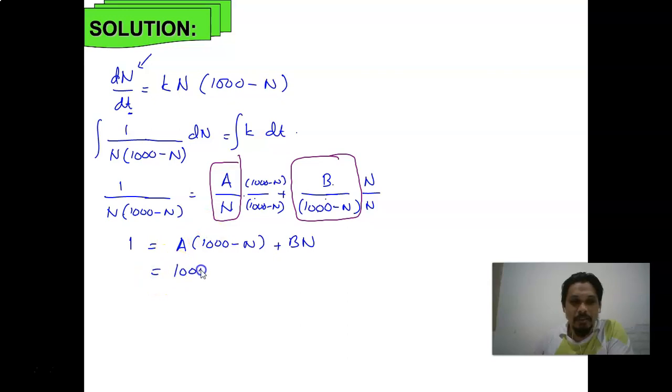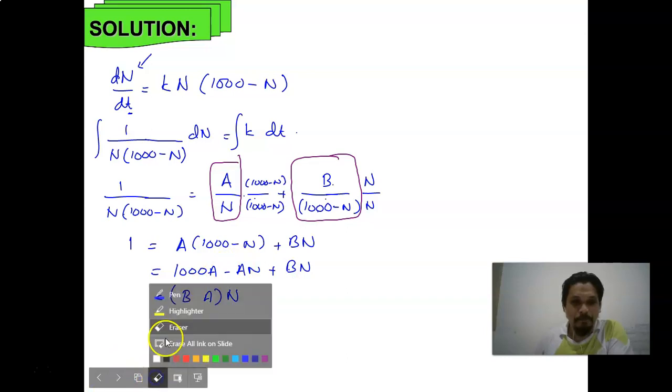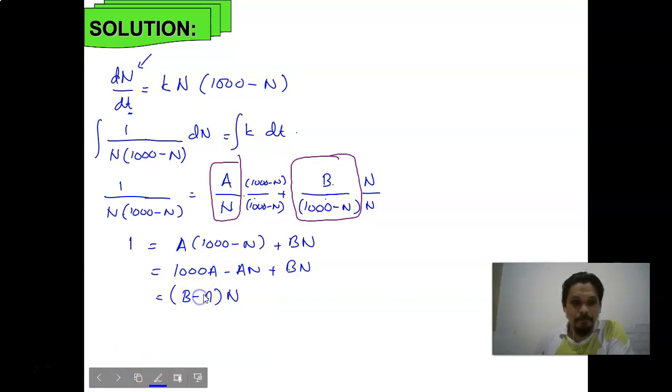Then 1000A minus An plus Bn, or (B minus A) with n and plus 1000A.